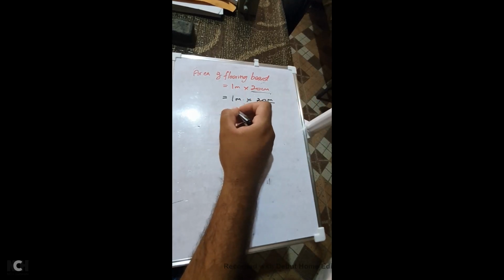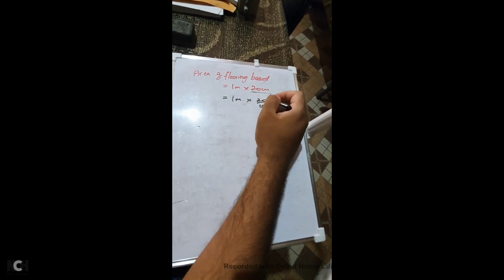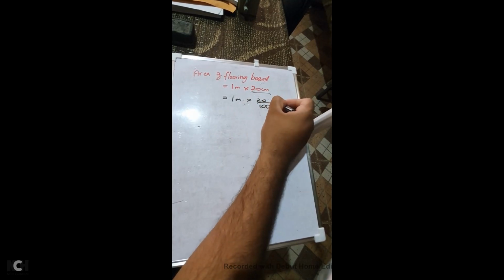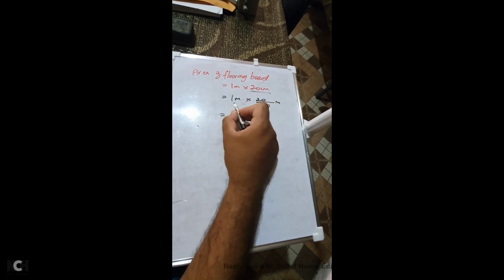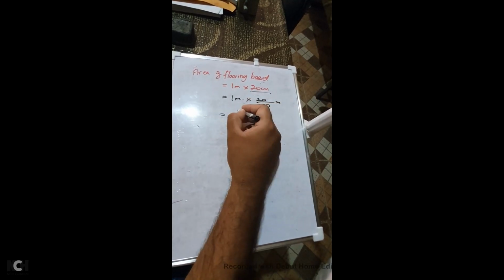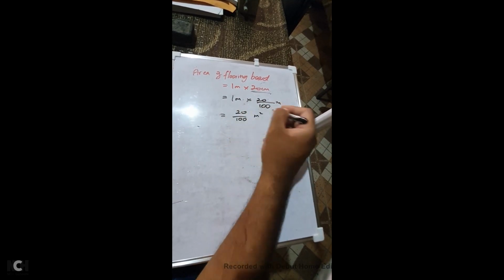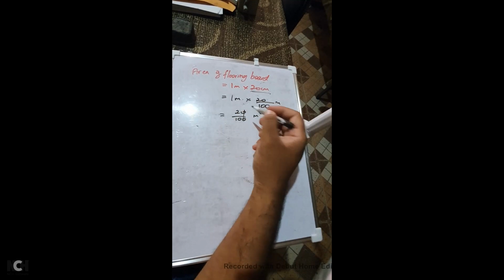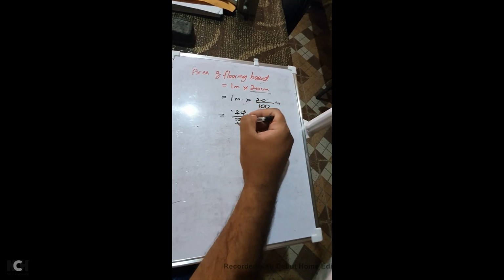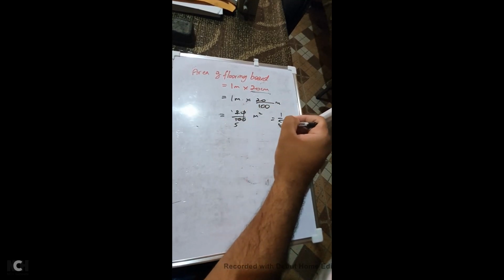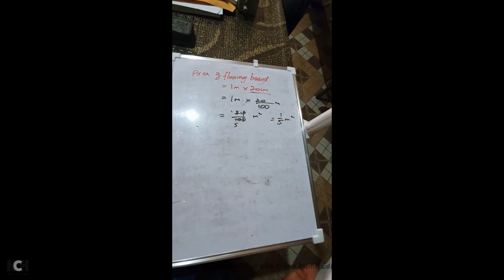So 1 by this will give us 20 over 100 meters squared, which will work out to be 1/5 meters squared, right?